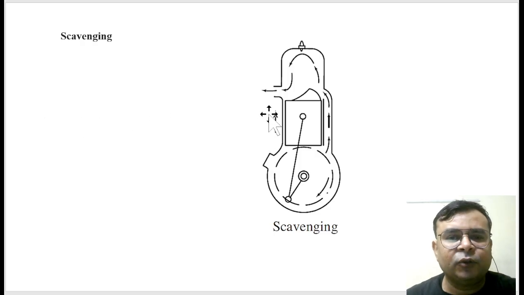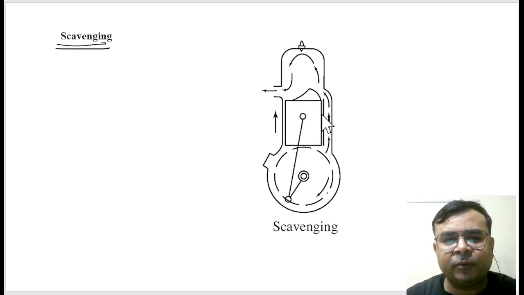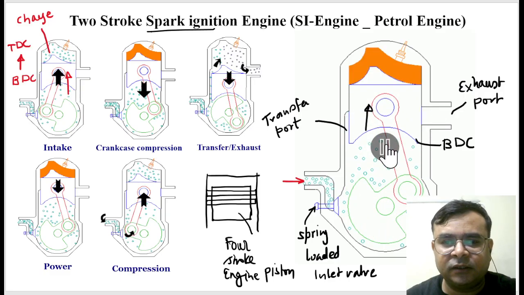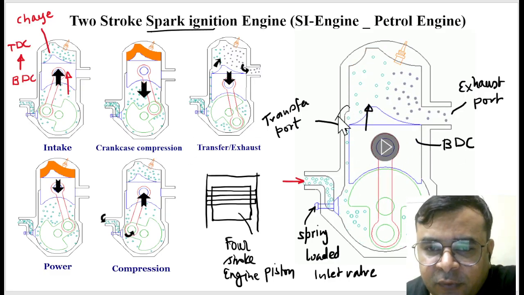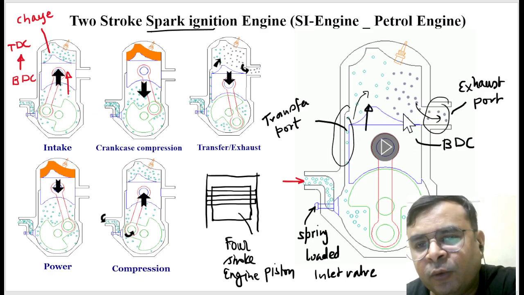Is it right? So you can see here we have another process that is called the scavenging process. So what is this scavenging process? At this stage you can see the transfer port is open, the exhaust port is open, fresh charge is entering here, and burnt charge is moving away.